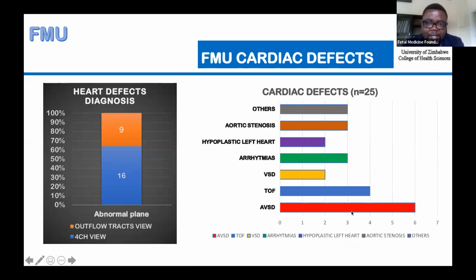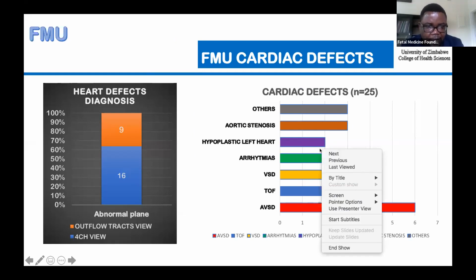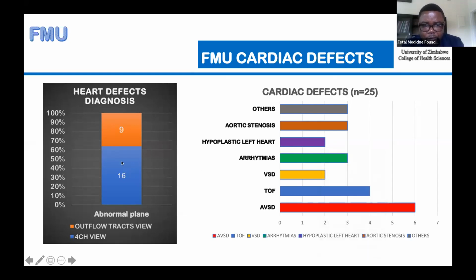This is just to triage them, to show you the common things, okay? Commonly, AVSDs are common. We have some tetralogy, arrhythmias, VSDs, aortic stenosis, hypoplastic left heart, and others. Out of our cases, what we noted is that more than 2/3 of our cases were picked by just doing a 4-chamber view.